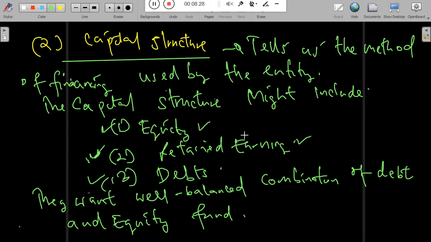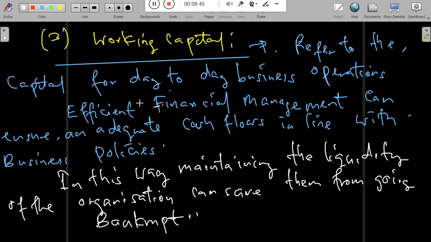Under capital structure, it tells us the method of financing used by the entity. The capital structure might include equity, retained earnings, debt, and so forth. The third one is working capital. Working capital refers to the capital for day-to-day business operations. Efficient financial management can ensure that there is adequate cash flow in line with business policies.